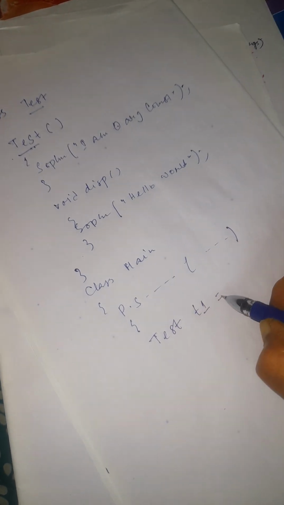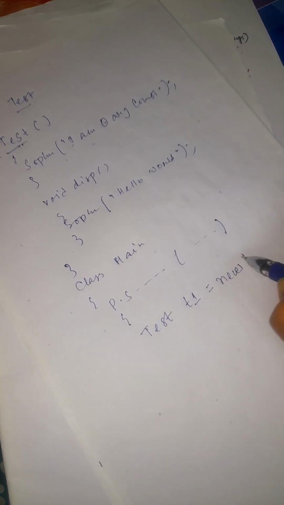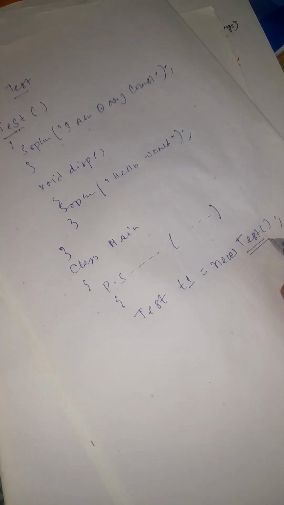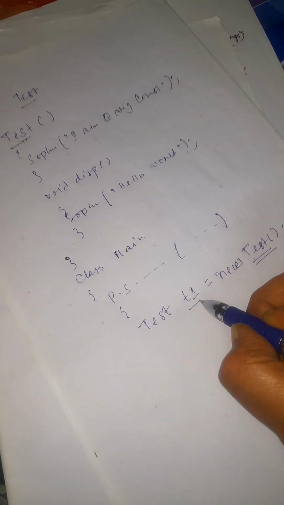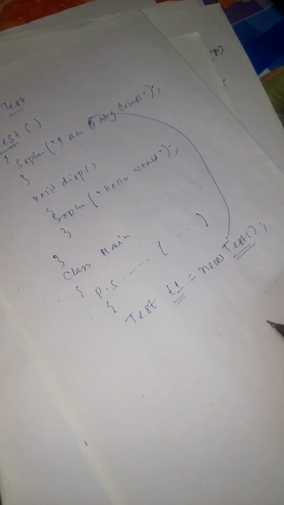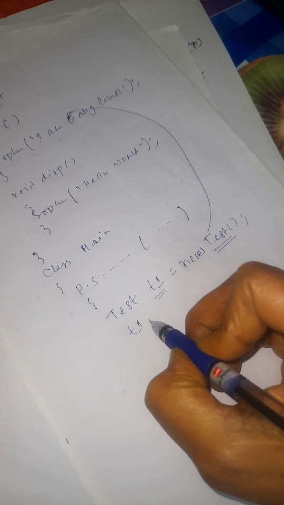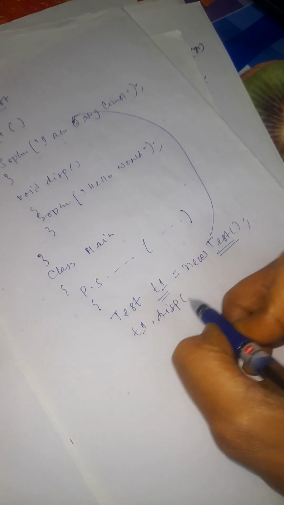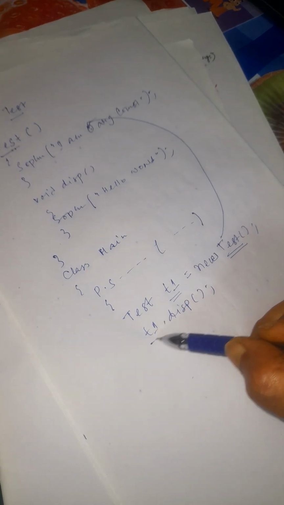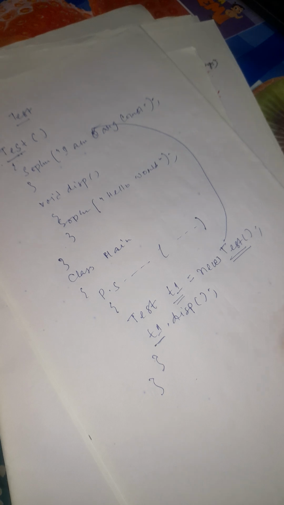Test t1. How you can create? We already learned using the new keyword, new test. Now you see this one is a calling statement. So at the time of the object creation, this constructor will be automatically called. Clear? Now t1 dot disp. Disp is the normal method. This is not the static method. So that's why with the help of the object you have to call. Now you close your main function and you close your class.